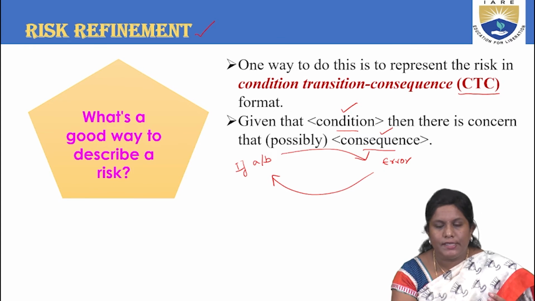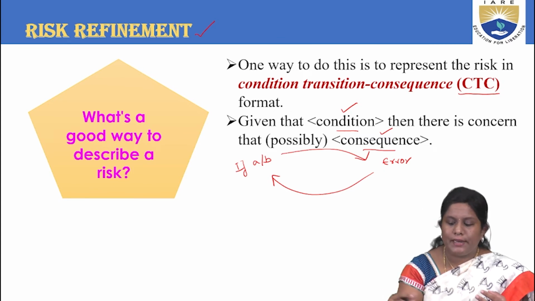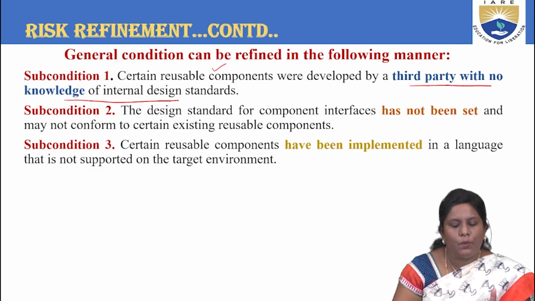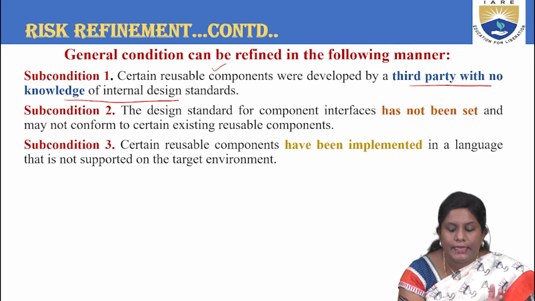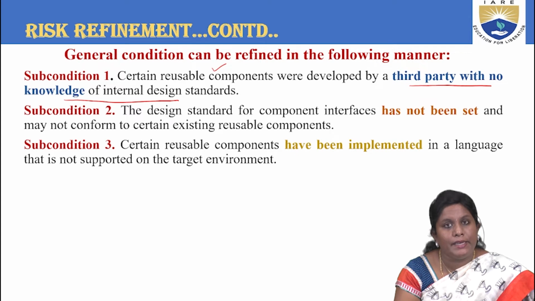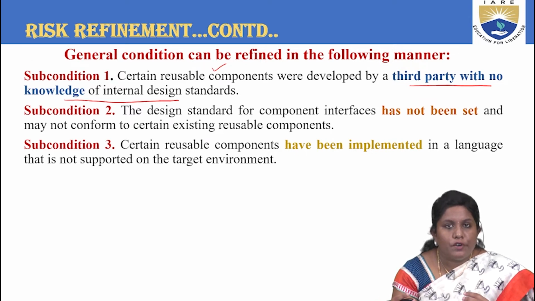Now these conditions can be of any kind. To elaborate on these conditions, you have stated some sub-conditions like 1, 2, 3. What is it trying to say? It is trying to say that certain reusable components were developed by a third party with no knowledge of internal design standards, meaning you can refine them, stating that the execution was done with no prior knowledge of the design standards. That comes under sub-condition number 1.